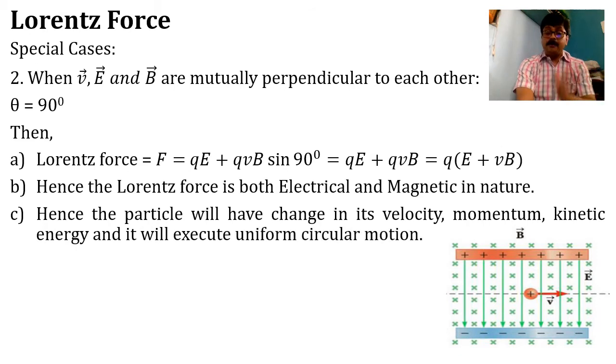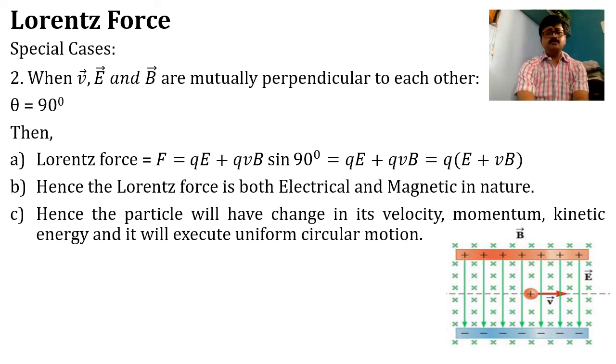Apart from that, since velocity vector is perpendicular to magnetic field, remember my previous session, when particle enters into the magnetic field perpendicular to the magnetic field, it will execute what? Uniform circular motion. So obviously the particle will have both the varieties of motion here. So this is what you have to remember. So I hope this part is clear to you all.